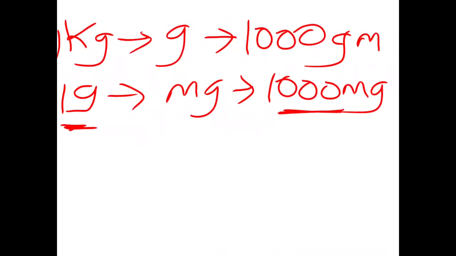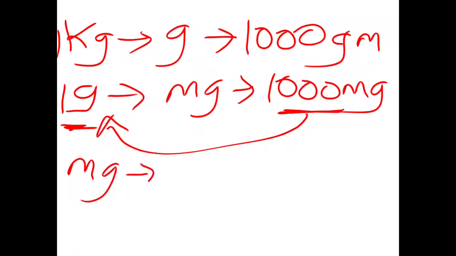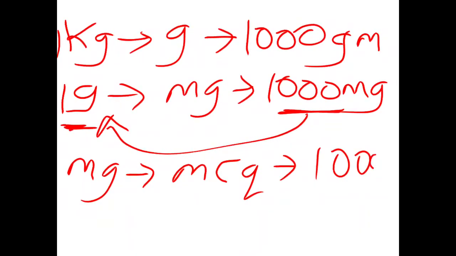So when we have 1000 milligrams, this makes up 1 gram. Now, we also need to know how to convert milligrams to micrograms. And here again, you need to understand that 1000 micrograms is what makes up 1 milligram.